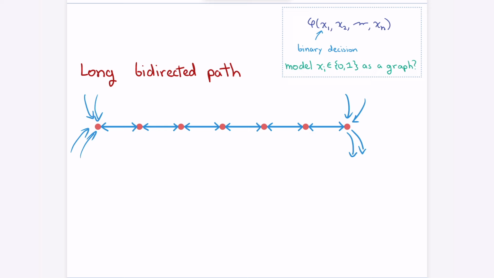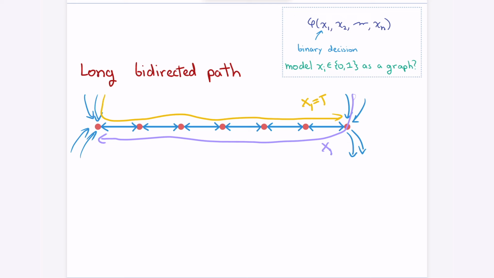If we set something up like this, going from left to right, I can think of that as x1 being true, and going from right to left is the algorithm saying I want to set x1 to be false.